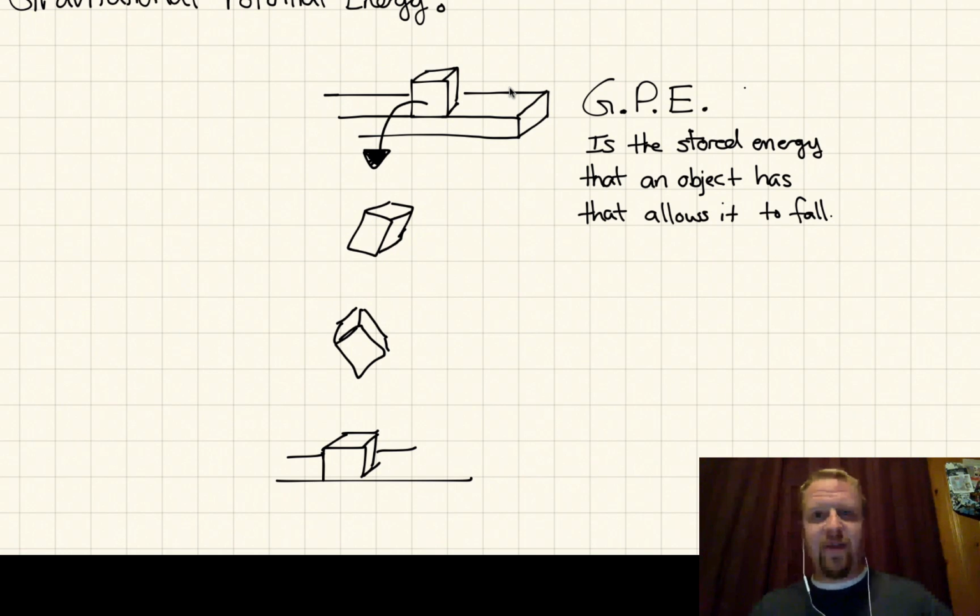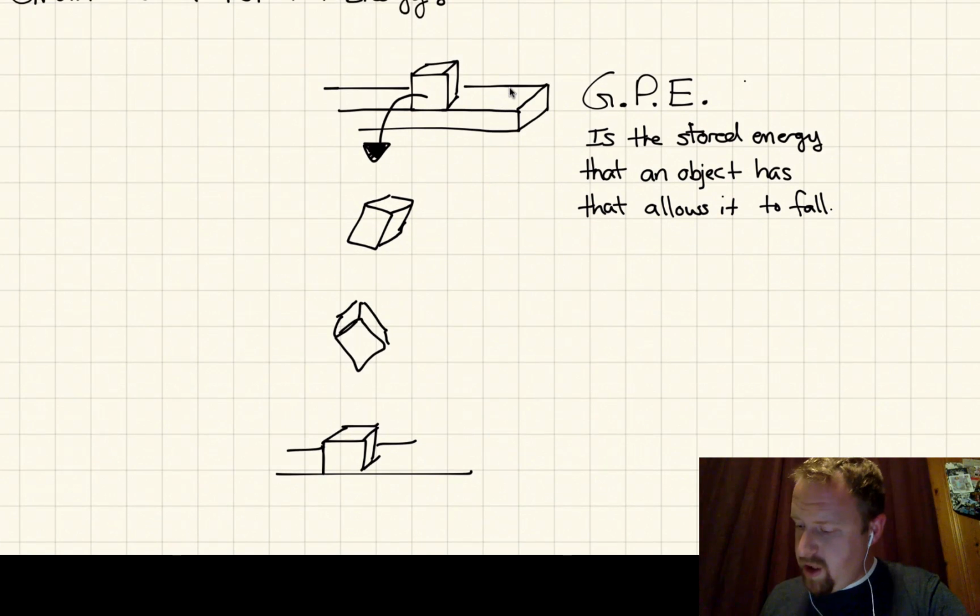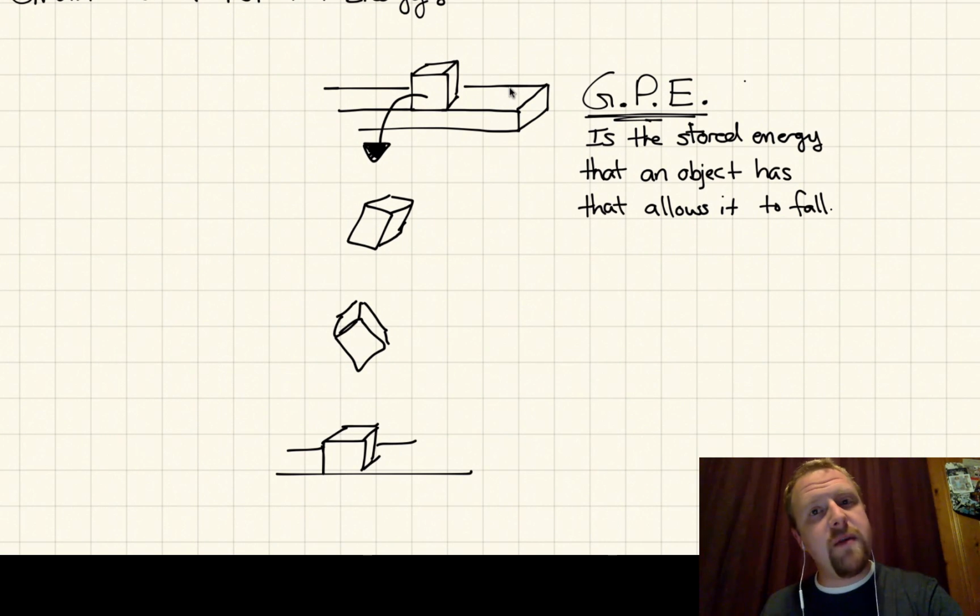Okay, so it is kind of like this energy that an object has that allows it to fall. Now, in order for gravitational potential energy to be present, gravity has to have the ability to pull the object down.